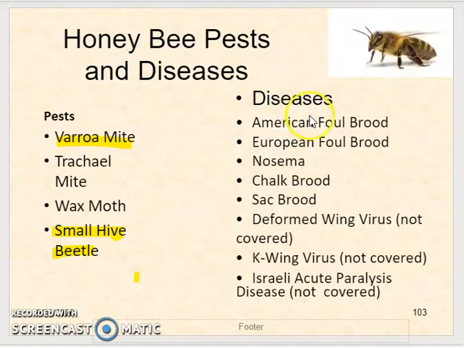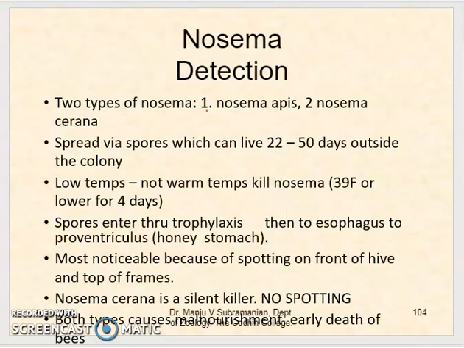And now we'll pass on to the different diseases that affect the honeybees. The first important one is Nosema. There are two types of this disease, Nosema apis and Nosema ceranae.